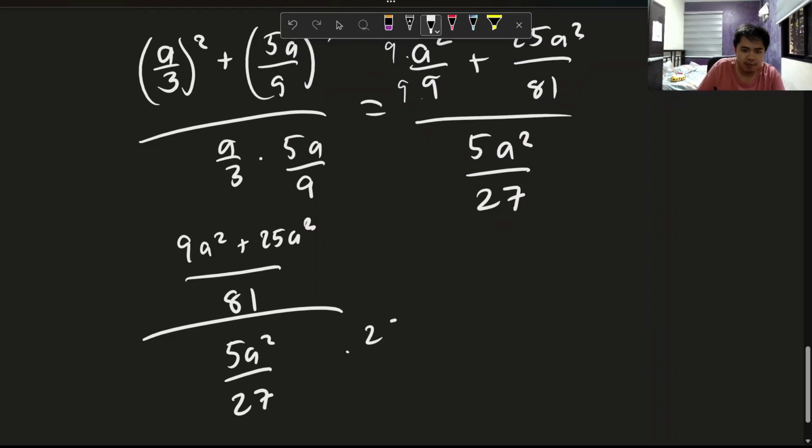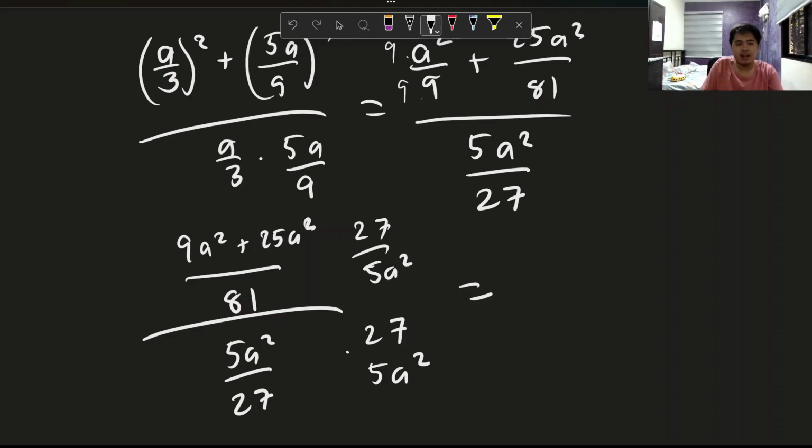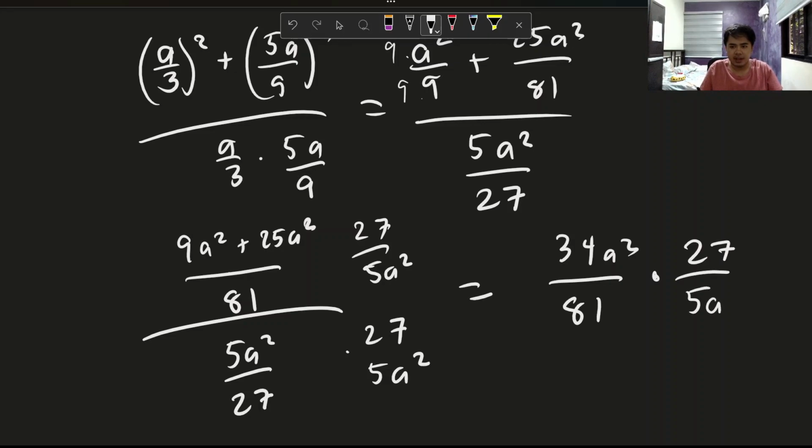So now we have to multiply by the reciprocal of the denominator in order to make this simpler. All right? 9a squared plus 25a squared is 34a squared, then over 81, multiplied by 27 over 5a squared.